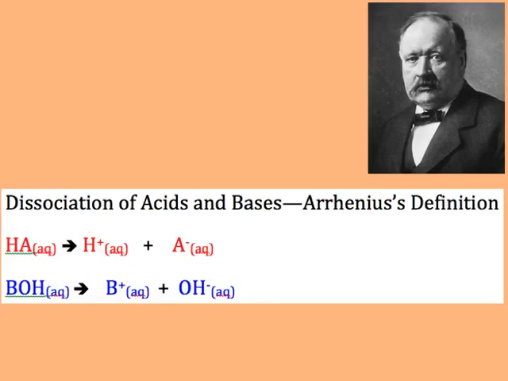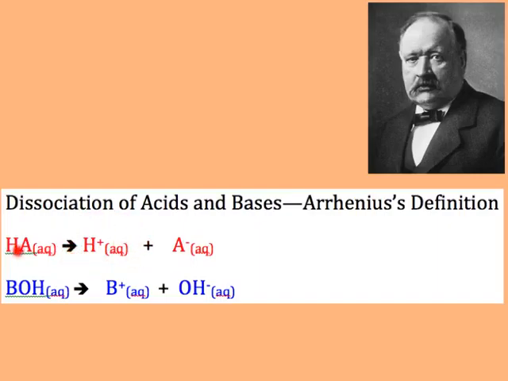Well, there's the handsome devil there, Arrhenius, who came up with the very first, most simplistic, or basic, pun intended, definition of acids and bases. And his definition basically states that an acid is a substance that dissociates in water to produce H+ ions.